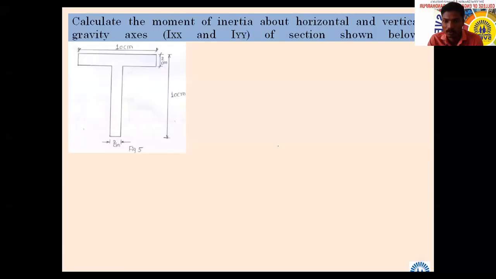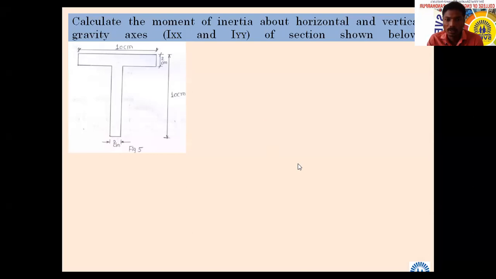So we will solve one problem. You will understand the procedure. Let us see the problem statement. Shall we go for the problem? Yes, sir. Unless and until we solve a problem, you will not understand what it is.